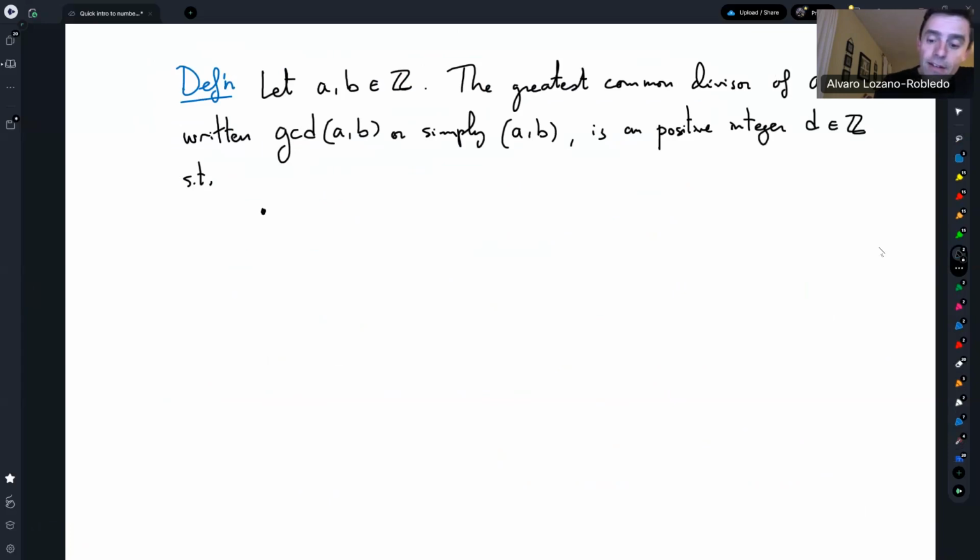From the definition, it is a common divisor, and it is the greatest of all the common divisors. So first of all, it is a common divisor.